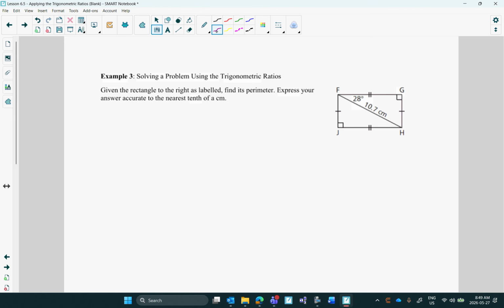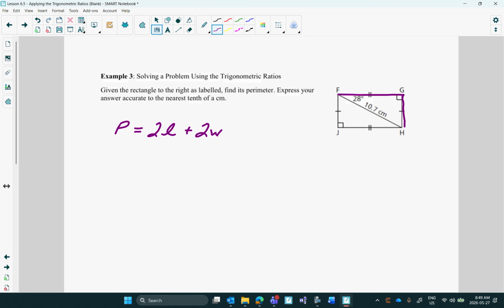How do you find the perimeter of a rectangle? Add up all the sides? Or can't I just go 2 lengths plus 2 widths? Right? 2 lengths plus 2 widths gives me the perimeter. Well, I've got some work to do. I've got to find this, and I've got to find this before I can use the perimeter formula.